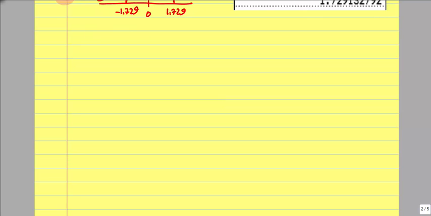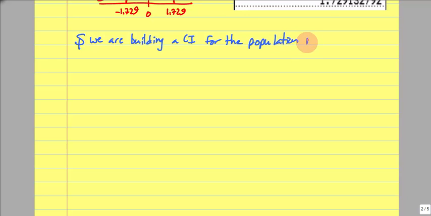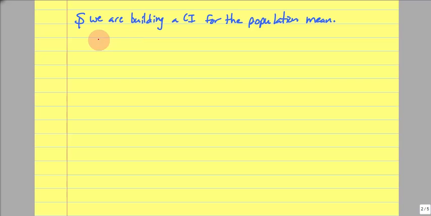Okay, for this next example, let's go ahead and suppose we are building a confidence interval for the population mean. Let's see what we're given, and then we have to choose which distribution, if either one, I should use. In this case, we're given a level of confidence of 99%.